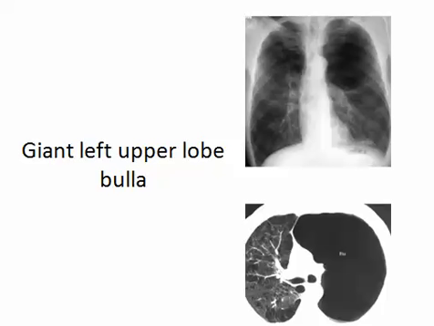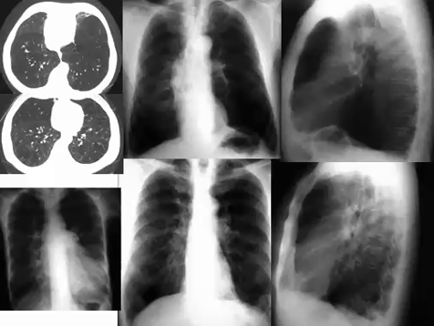Here we have a giant left upper lobe bulla. Here we can see different types of mid and lower zonal pan-acinar emphysema.